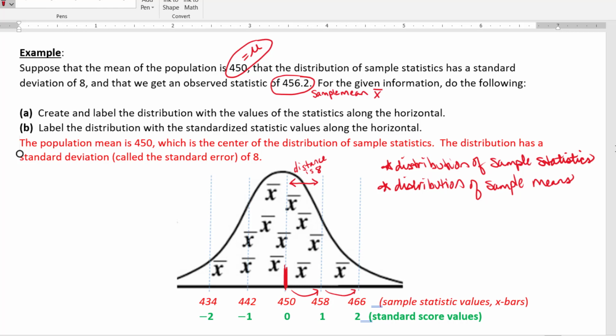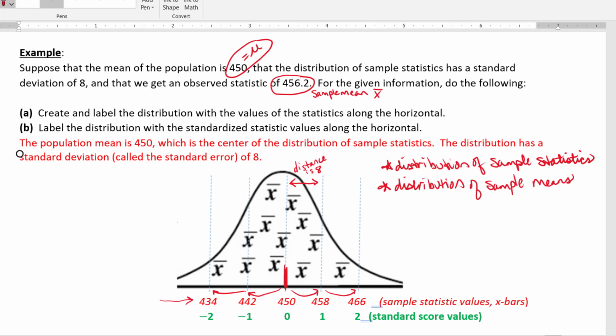If you start at the middle, which is 450, and go down 8 units, you get to 442. Down another 8 units, you're at 434. So each of these values in red represent sample mean values. Sample statistic values. These are the expected sample means you would get from this population when you collect a sample of this same sample size.